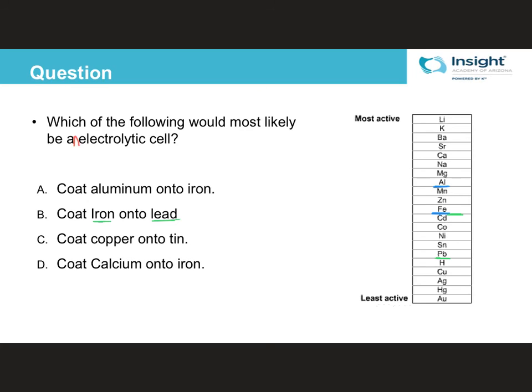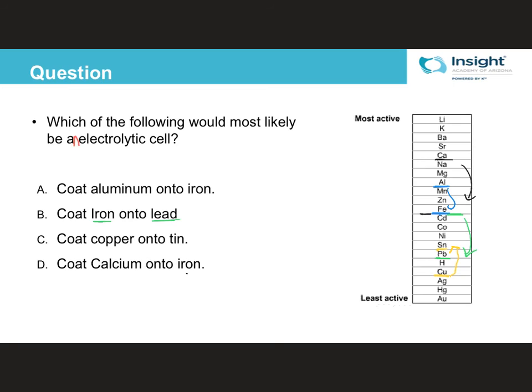And we're also comparing copper and tin. So this one's going that way. Then calcium onto iron. So we have 3 going in the downward direction and 1 going upwards.